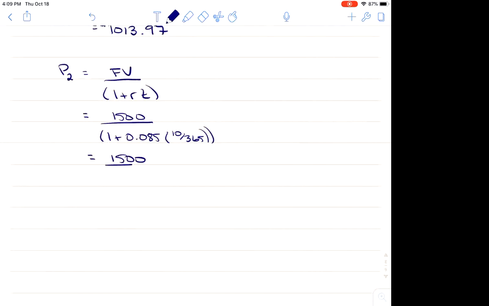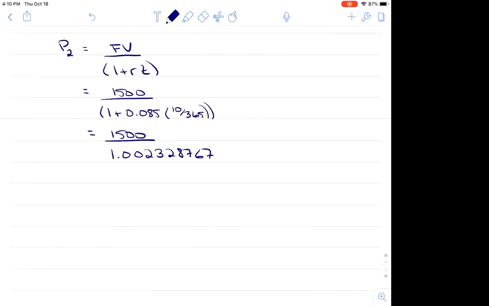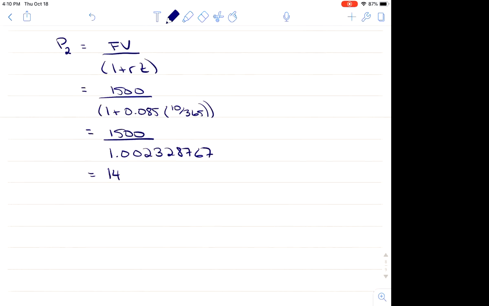I'll simplify the denominator first. 10 divided by 365 times 0.085 plus 1 is 1.00232877. 1500 divided by that answer is 1496.51.